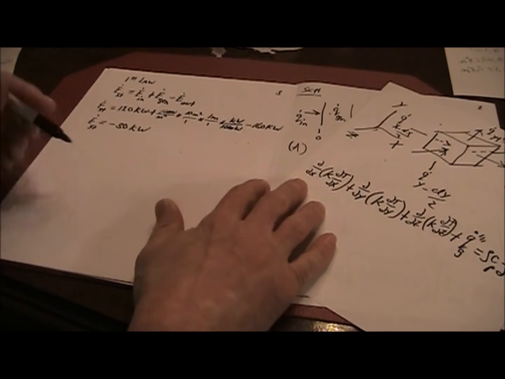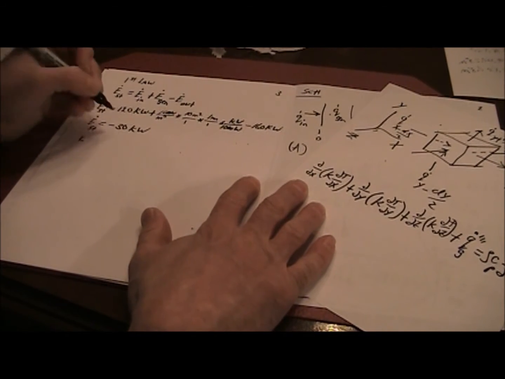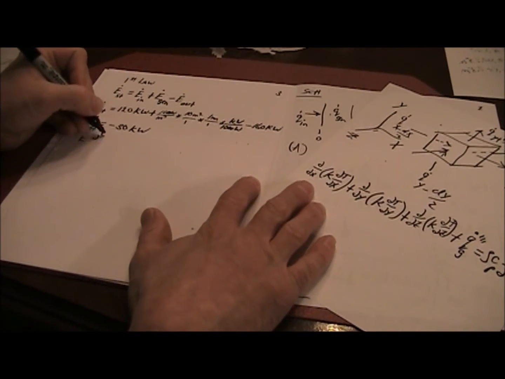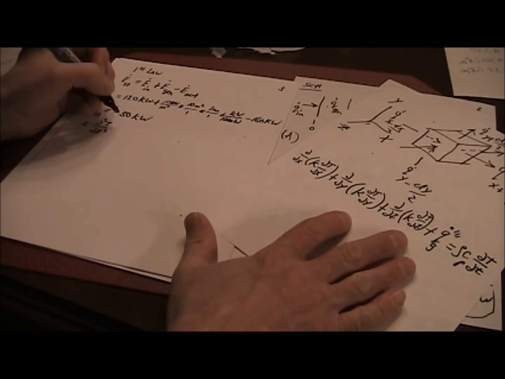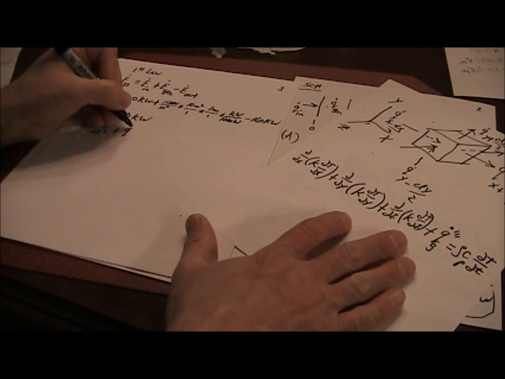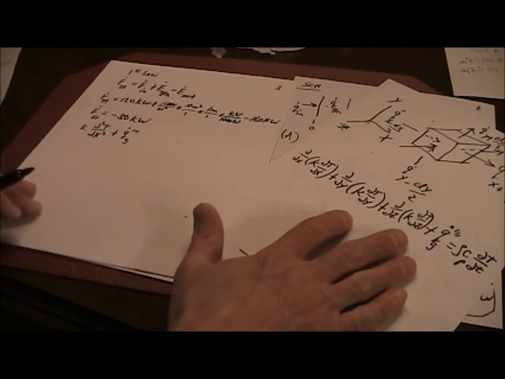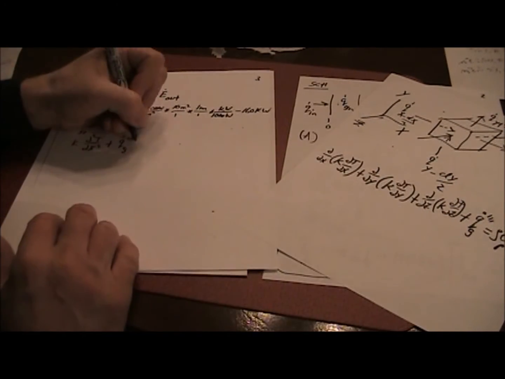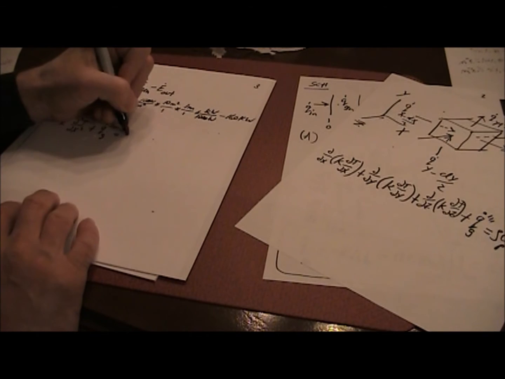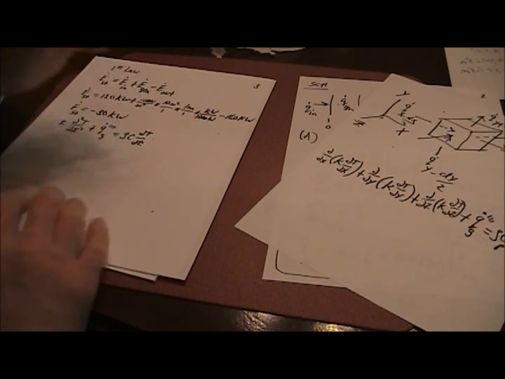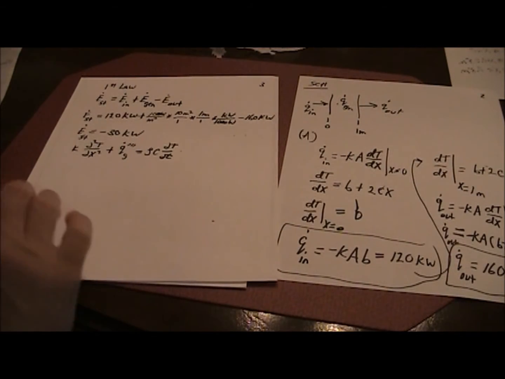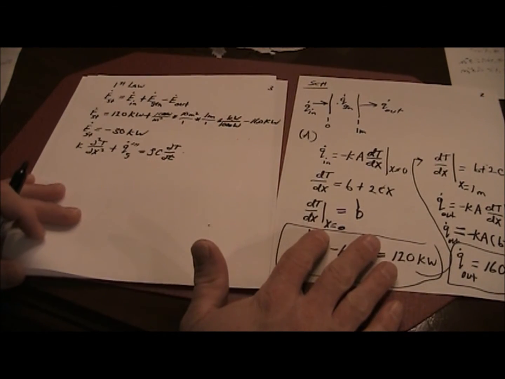So what we'd have then is K times the second derivative of temperature with respect to x, plus Q dot generated is equal to the density times specific heat times the change in temperature with respect to time.